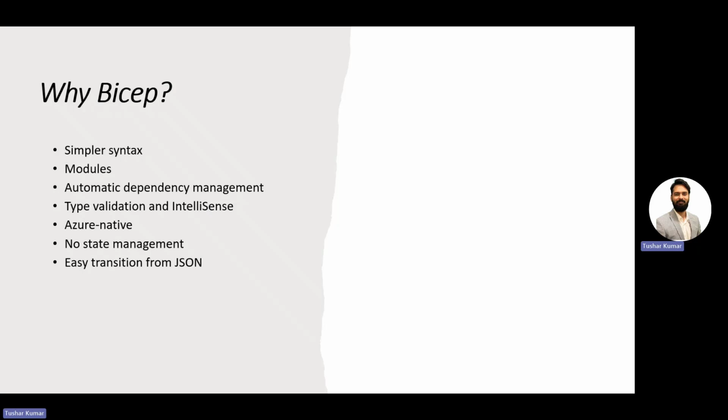The next one is Azure Native. The reason we call it Azure Native, and that it is embedded with the system, is just because Bicep is a native language which is tightly integrated with Azure ARM.